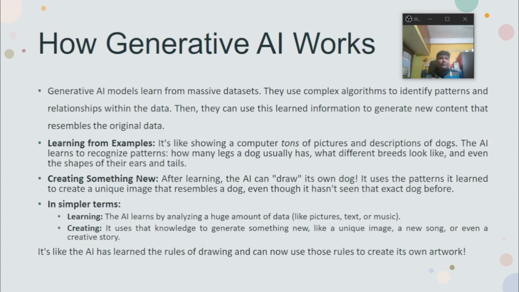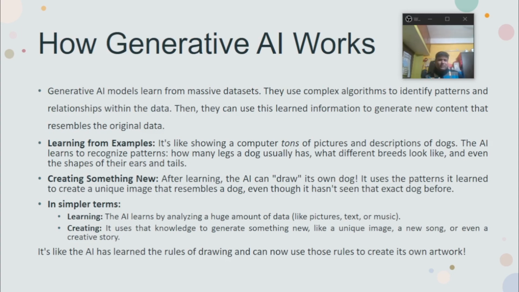AI can learn from images like that, and the other is creating something new. After learning, the AI can draw its own dog. This is the something new. So in this way generative AI works: the first step is learning from example, and the second step is creating something new after learning.